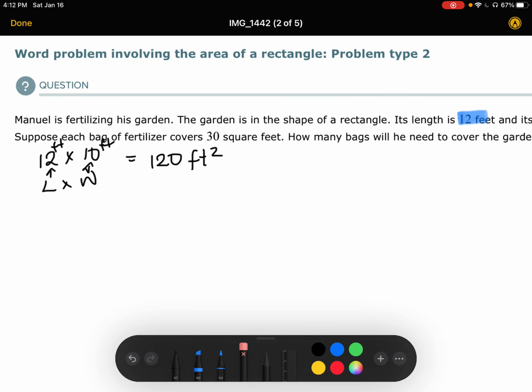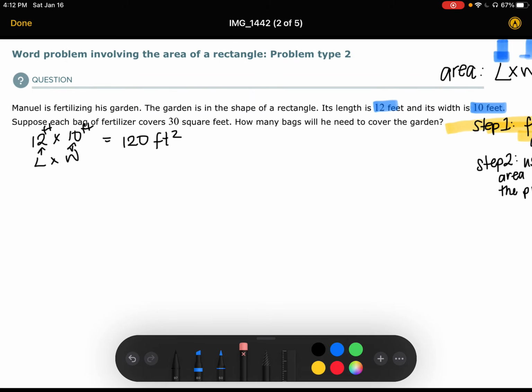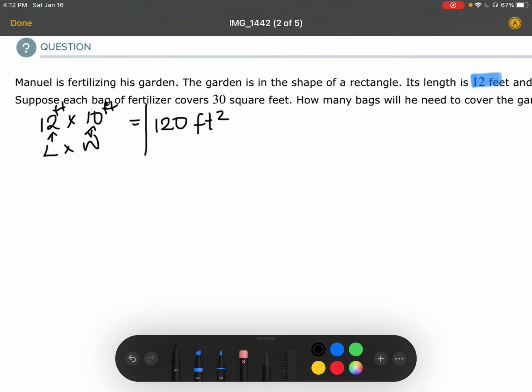Okay, so each bag of fertilizer covers 30 square feet. Okay, how many bags will he need to cover the garden? So if each bag is 30 square feet, how many bags is he going to need? So if this is the size of his whole garden and each bag is 30, how many do I need?